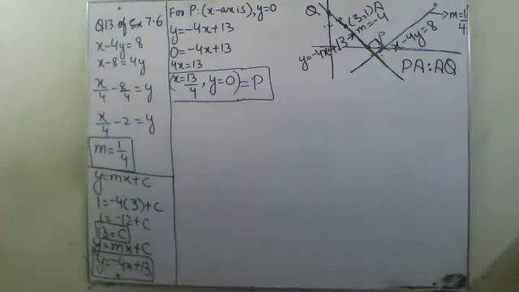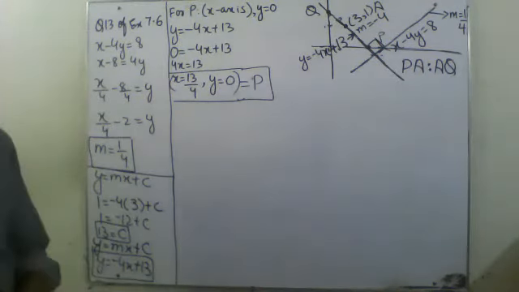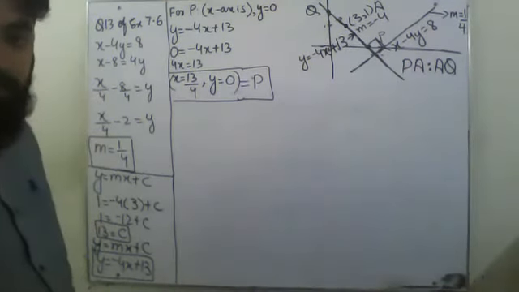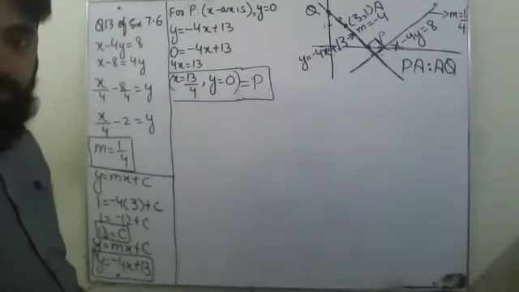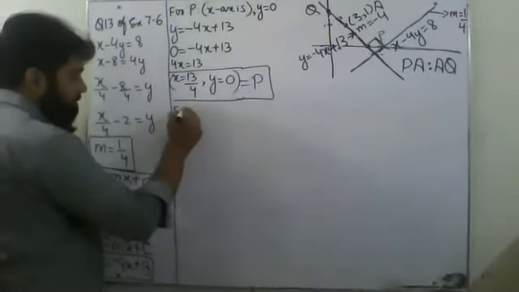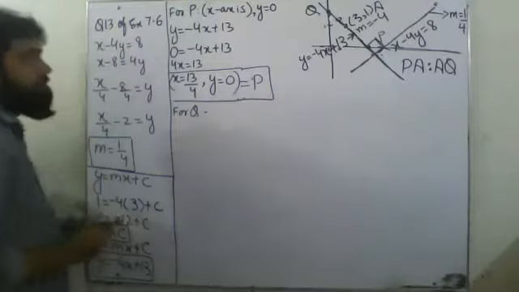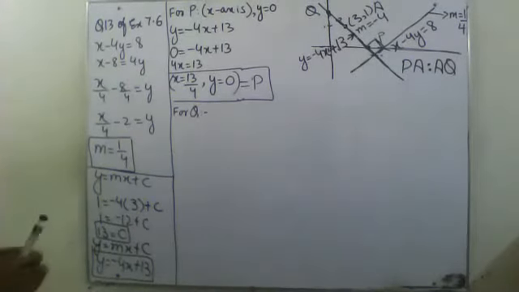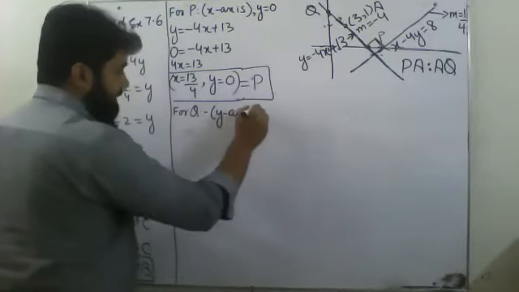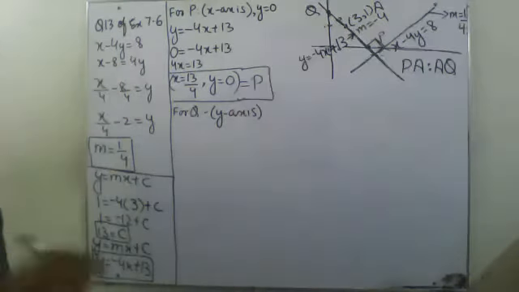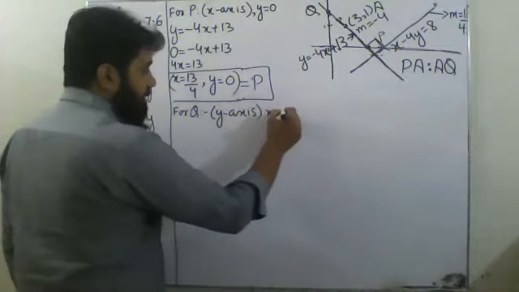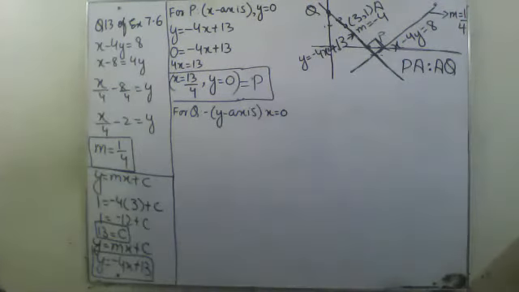Now next thing, Q. For Q, what will happen? Q is on the y-axis. So on the y-axis, the value of x will be taken as 0.